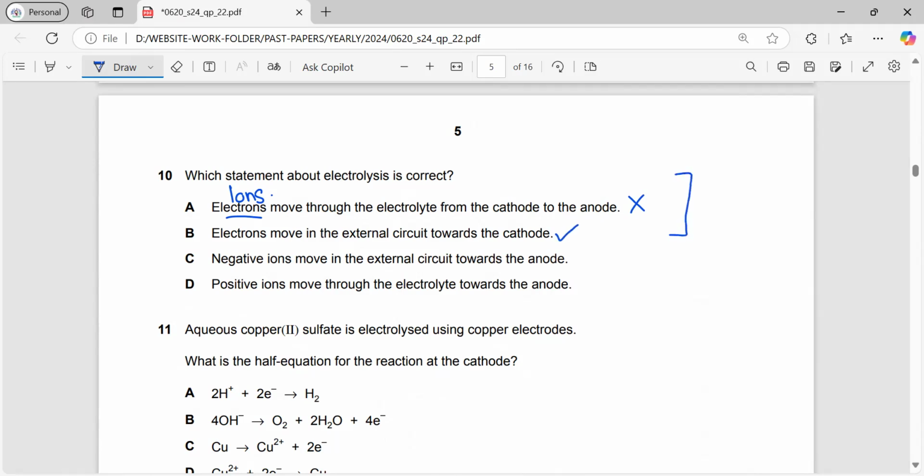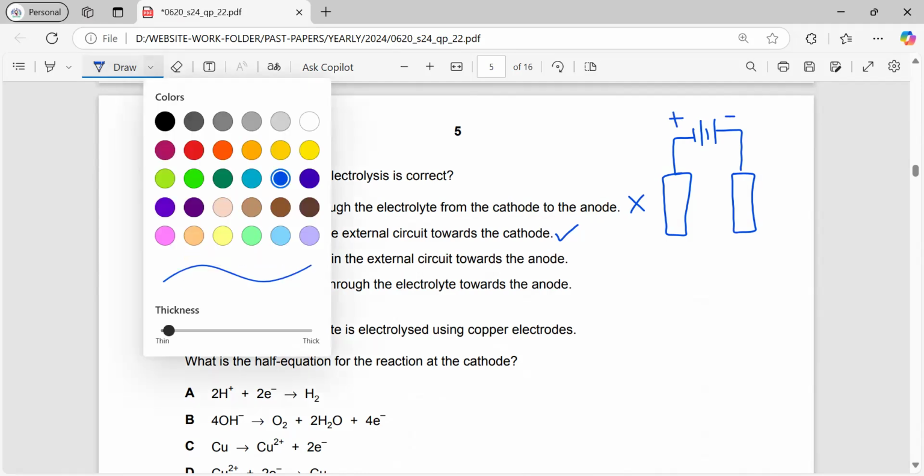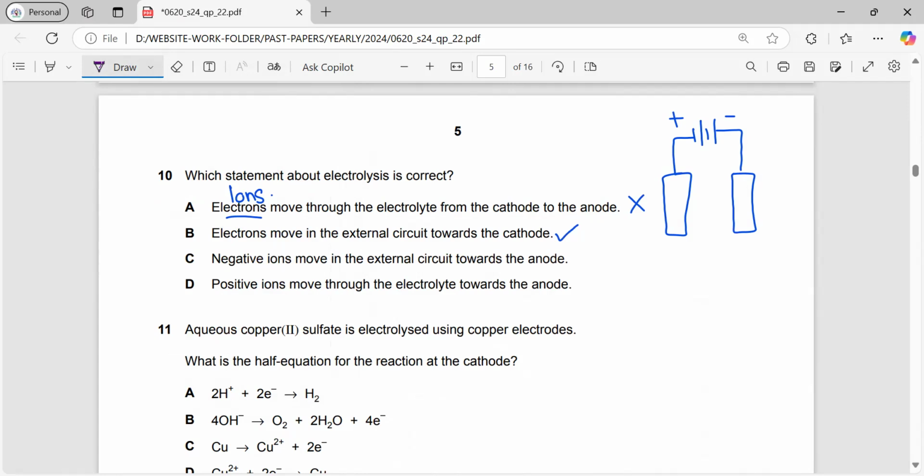Because when we make the diagram of electrolysis, there are 2 electrodes and they are connected to the positive and negative terminal of the battery. One is positive, the other one is negative. So when we give voltage to it, there is a push on electrons.